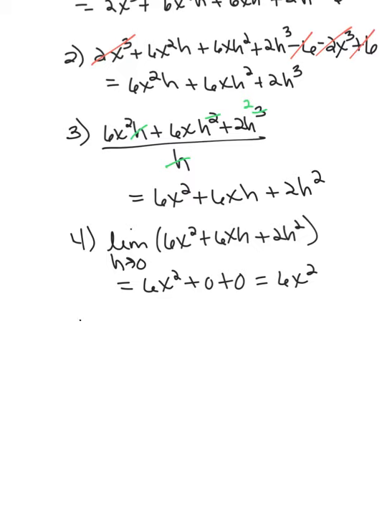Our original function was f, so this will be f prime of x equals 6x squared. What was our application in this case? Slope of the tangent. So this is the formula for slope of the tangent, which is what question 1 was asking us to find. So we are done with question 1.